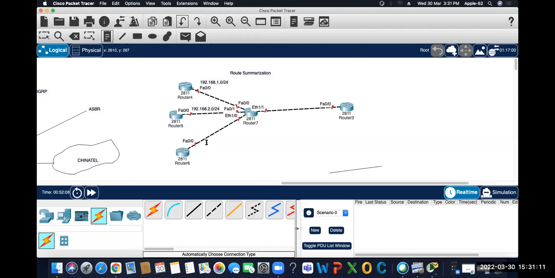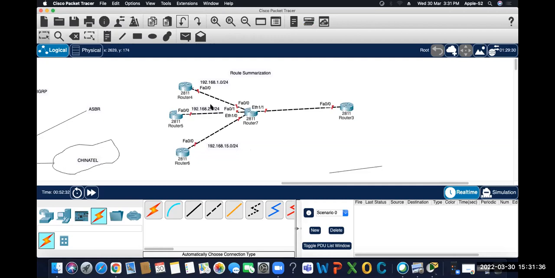And here 192.168. I'm assuming there are 15 routers because here I'm not telling you the commands. I'm just discussing the concept of route summarization. So I'm just taking the example that 15 routers are connected here.